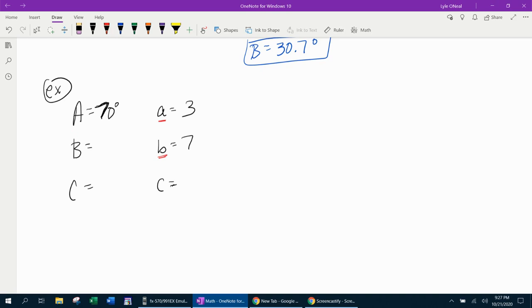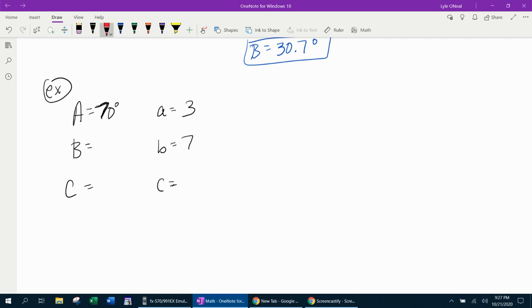And just real quick, the fastest way to know if you have a side-angle-side, to have side-angle-side, the three letters that you're given all have to be different. So you would have to be given little a, little b, and big C. They have to give you a, b, and C.